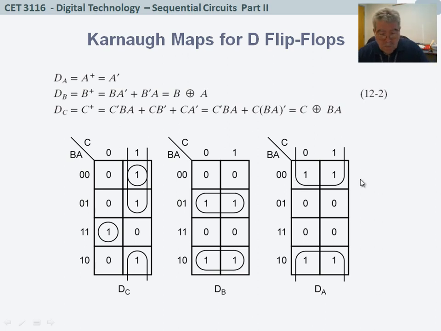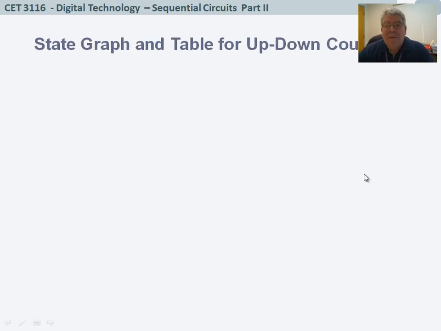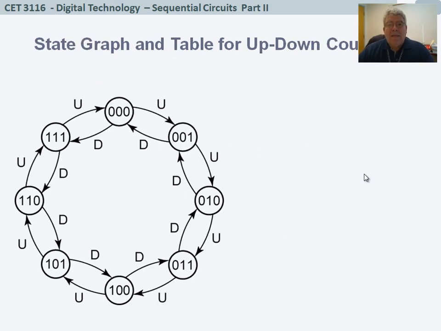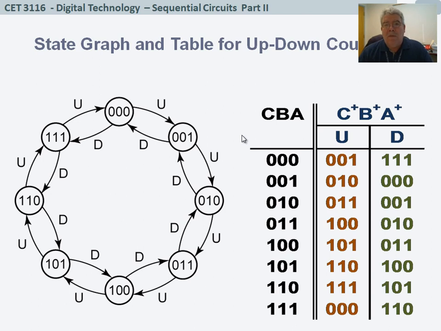Okay, I have another example, that is a state graph of an up and down counter. I have 3 bits, counting from 0 to 7. It's a modulo 8 counter that counts up and down depending on the sequence. So if we put a state table, that is going to be our state table.